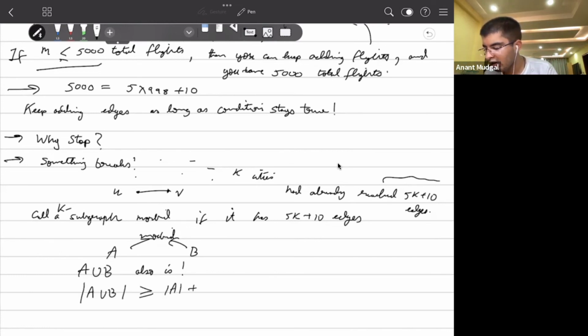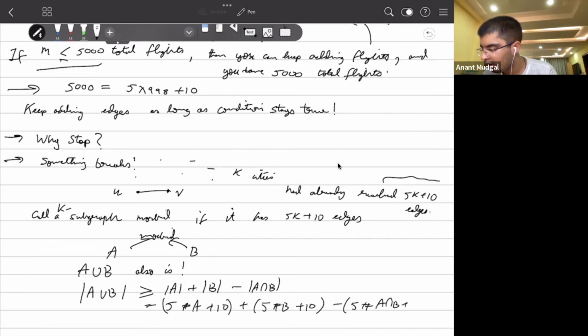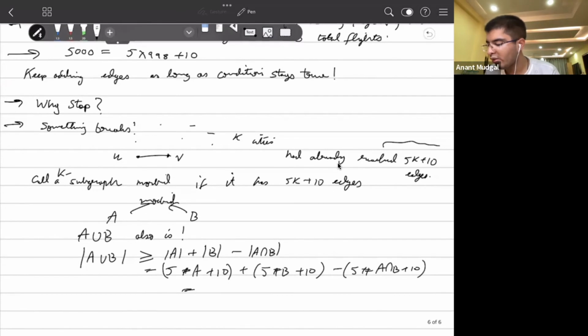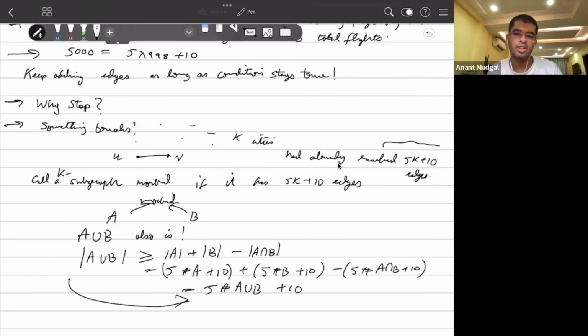So A union B, at least. When I say mod, I mean the number of edges. Minus. And each of these is 5 times the number plus 10, which is 5 times A union B plus 10.